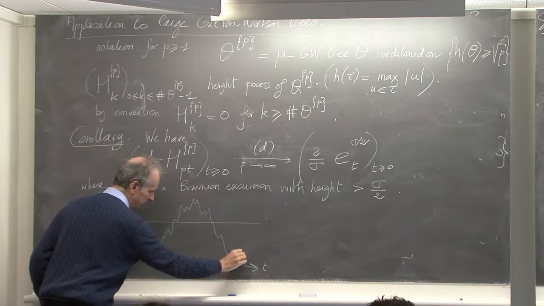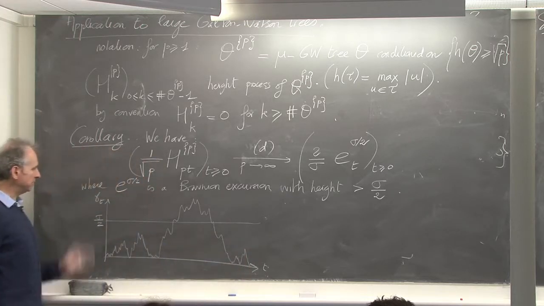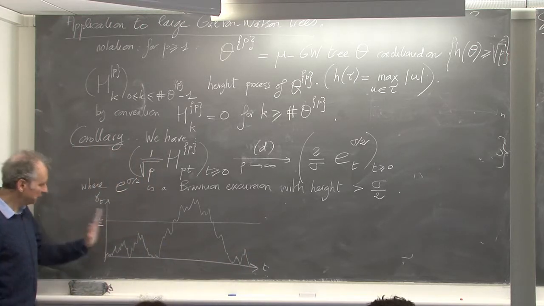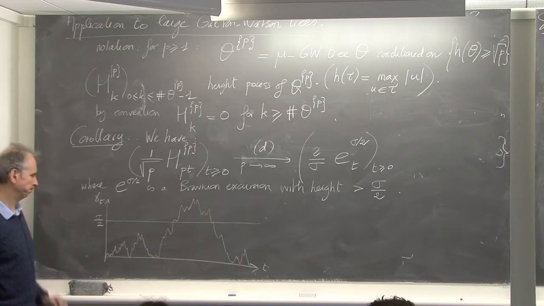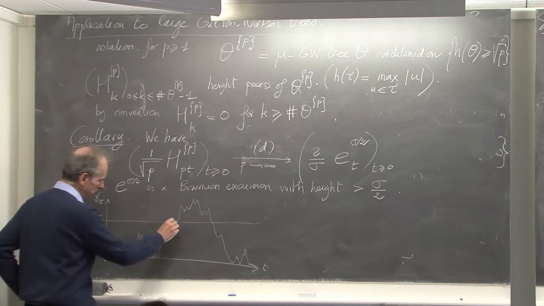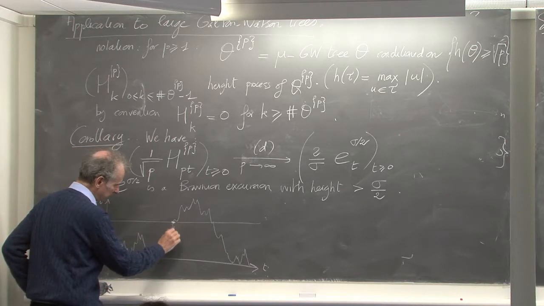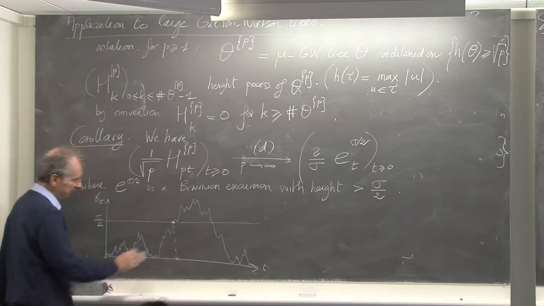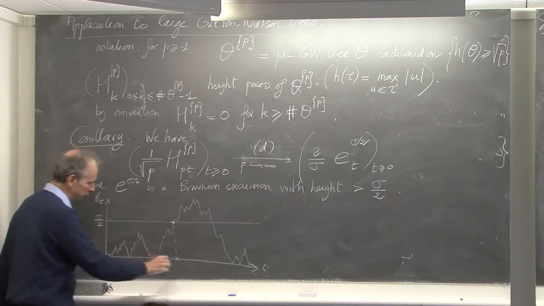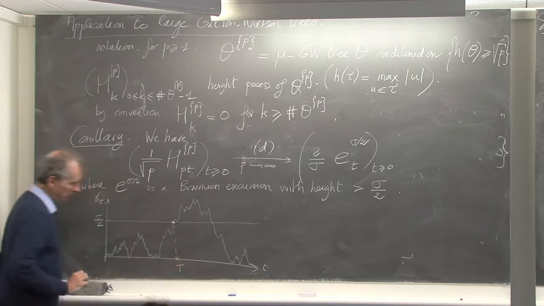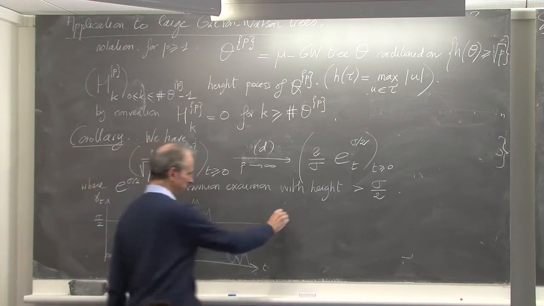And then it comes back and so on. That's your reflected Brownian motion. Remember, it's the absolute value of a linear Brownian motion, the same distribution. So what you do, you look at the excursion that contains the hitting time of sigma over 2. I call this capital T.